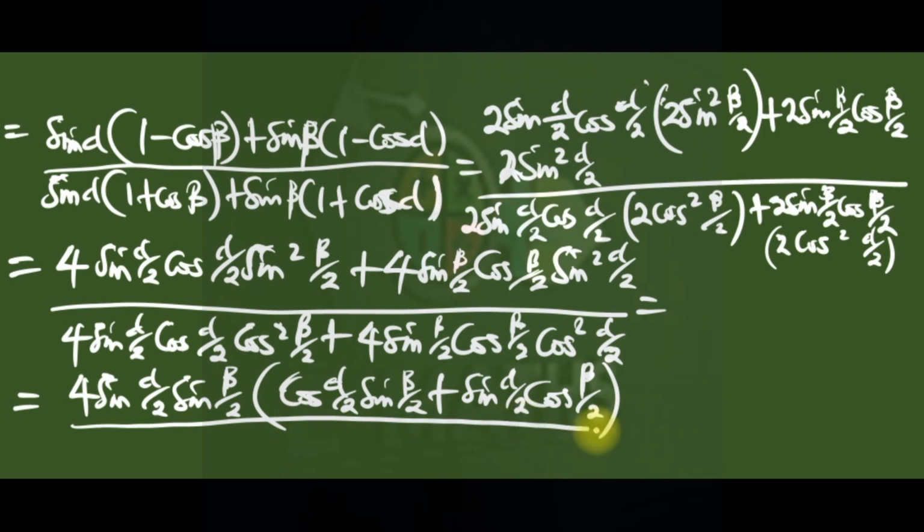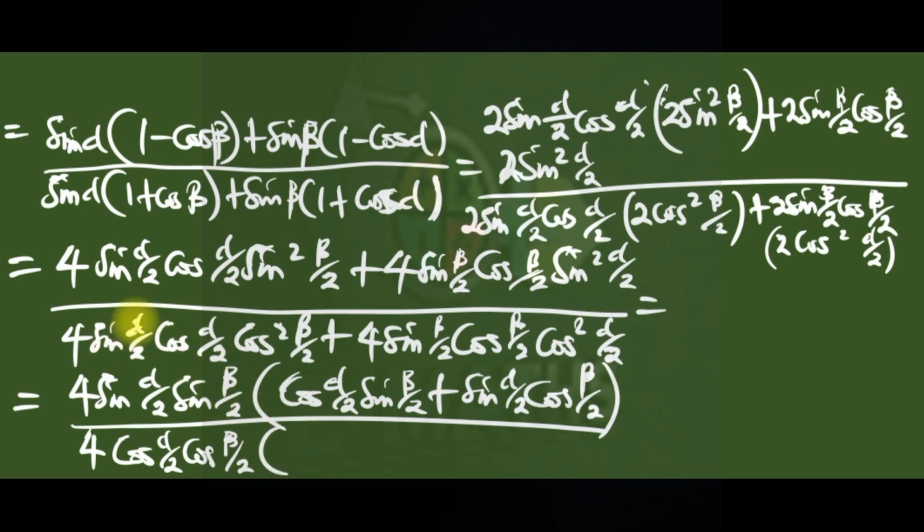All over, the same way we'll bring out 4. Cos half alpha and cos half beta are common.